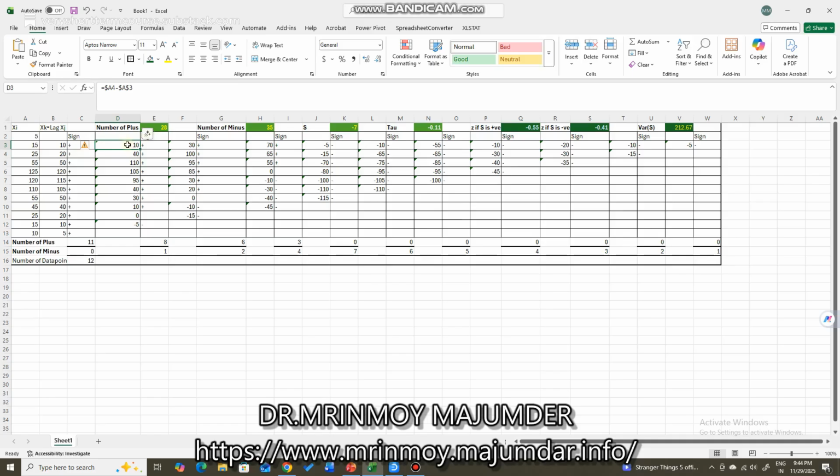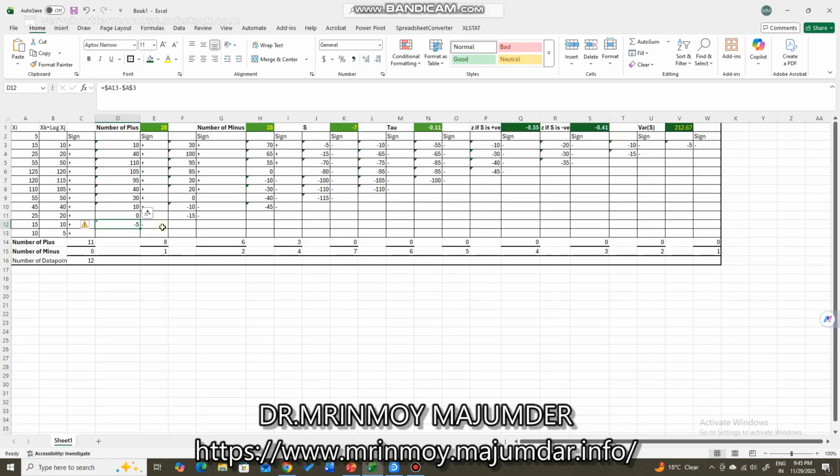The results are given here. If the results are positive, then a plus sign is given. If the results are negative, like in this case, my second data is greater than my last data, so a minus sign is given.